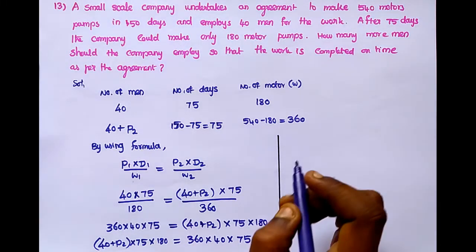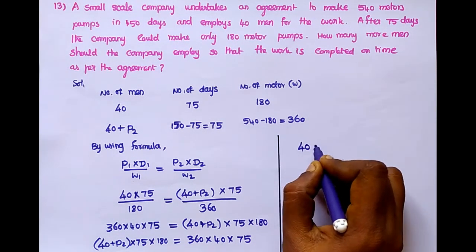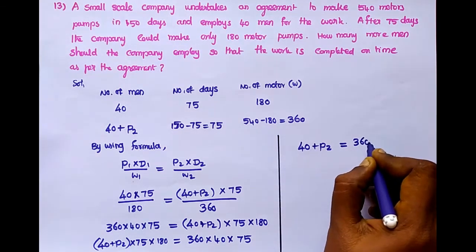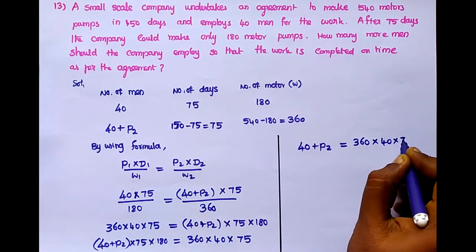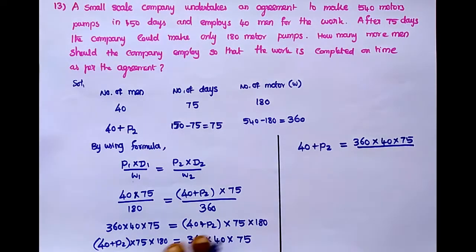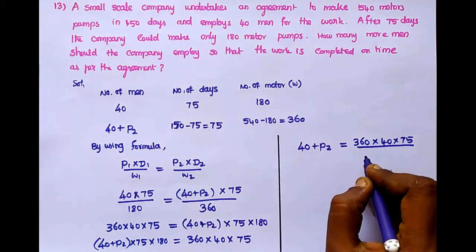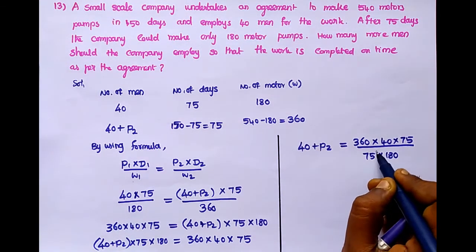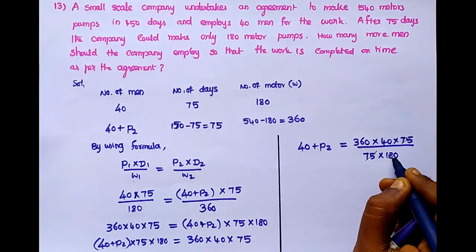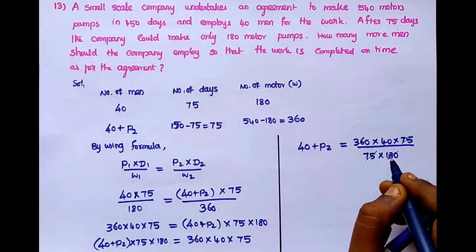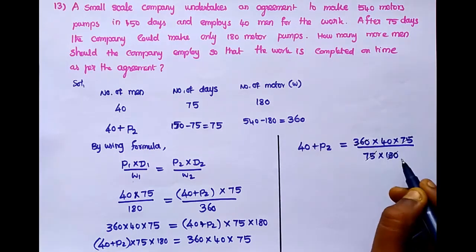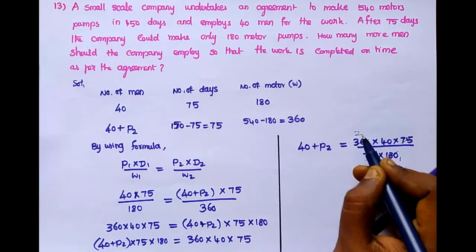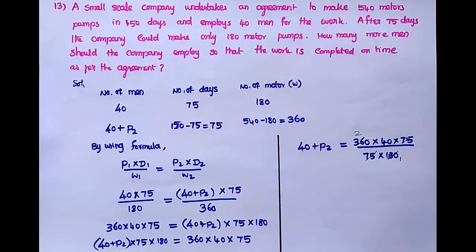Now we don't know 40 plus P2, so keep it on the side, equal to 360 into 40 into 75 divided by 75 and 180, which is in multiplication. So bring this side, means in division. So cancel 75. 180 into 360, the 0 cancelled. 18 1 is 18, 18 2s are 360.